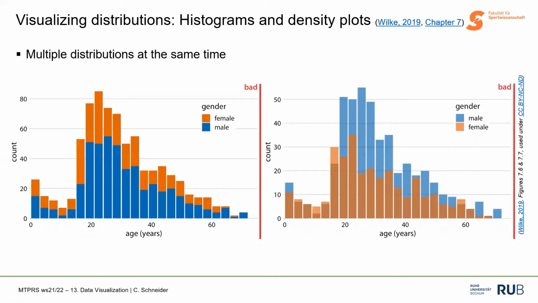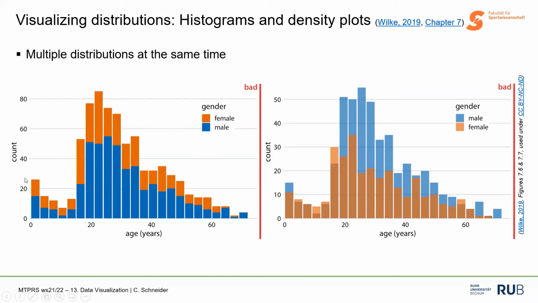Another thing that is very important from my point of view, because we see this quite often in sports research, and I also showed some figures in the past that look like this, is where we try to visualize different types of distributions by stacked histograms. We can see on the left-hand side, for example, that the distribution of the male persons for the different age groups is quite nicely visualized.